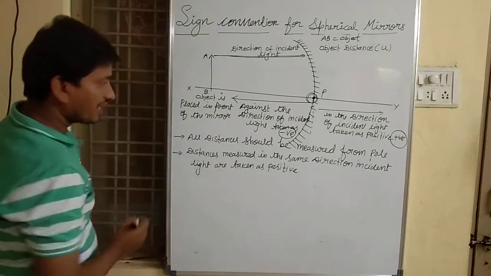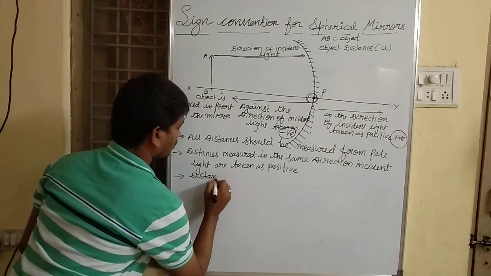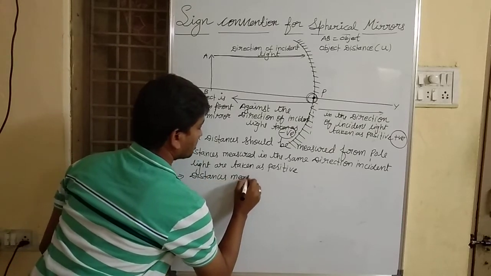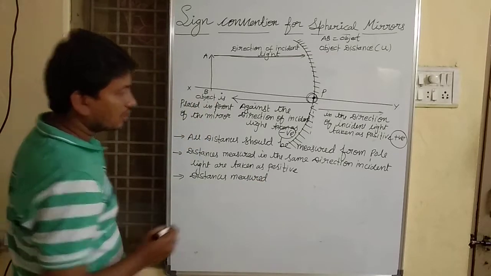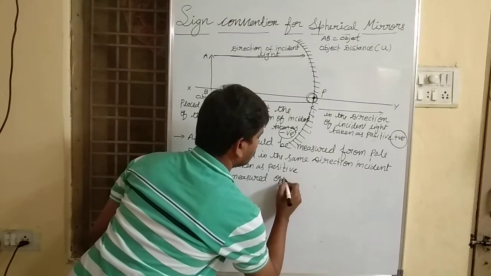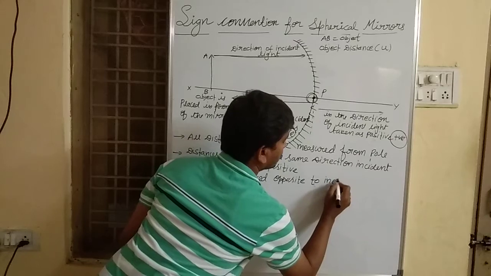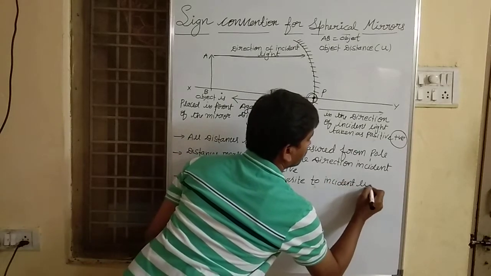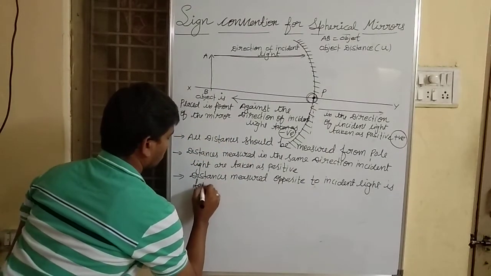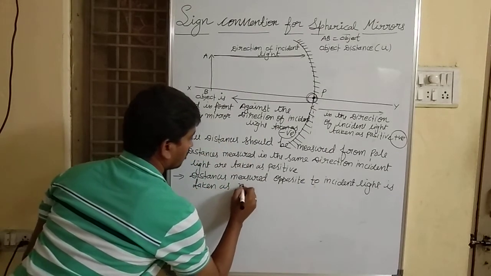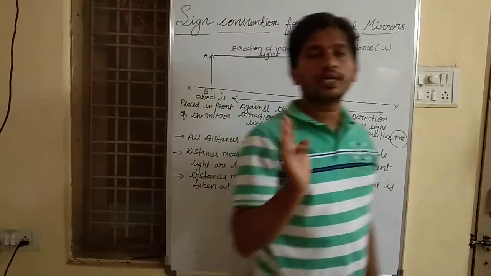So let me write: distances measured opposite to incident light are taken as negative. These two points you have to understand.